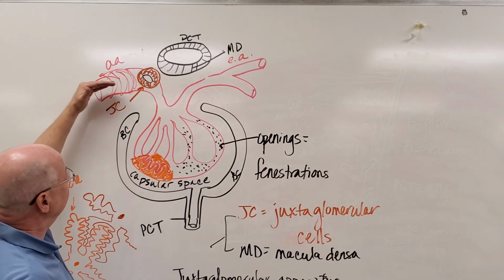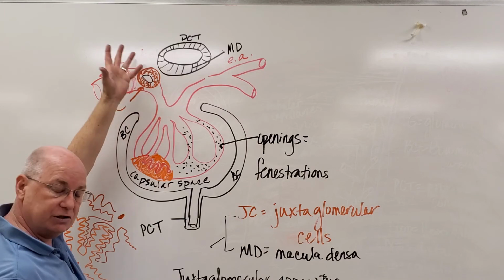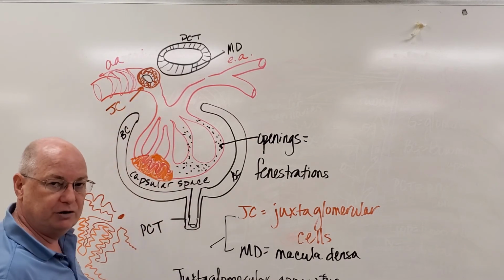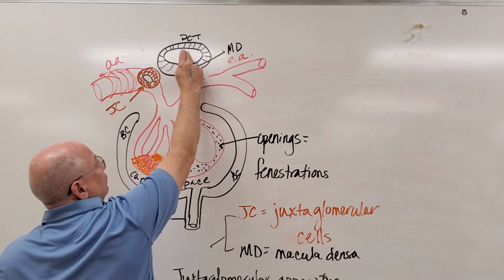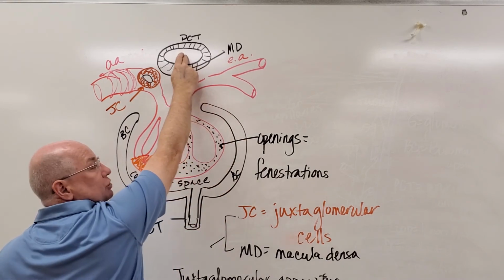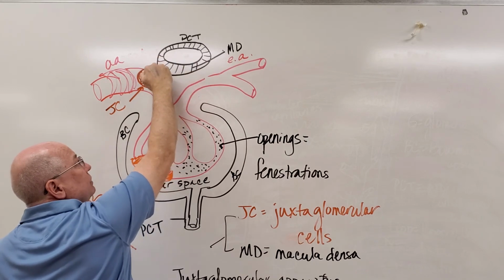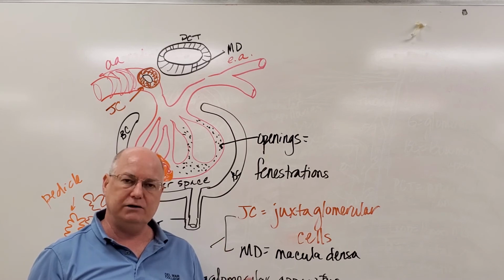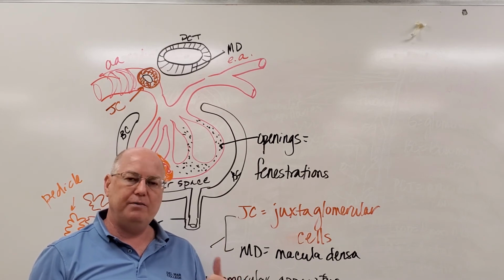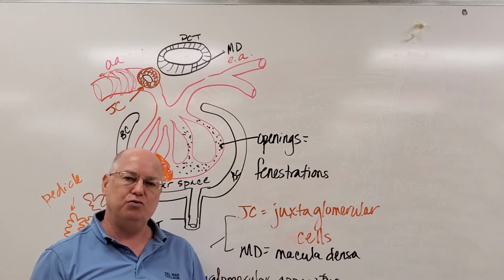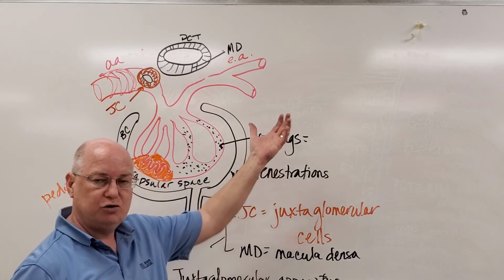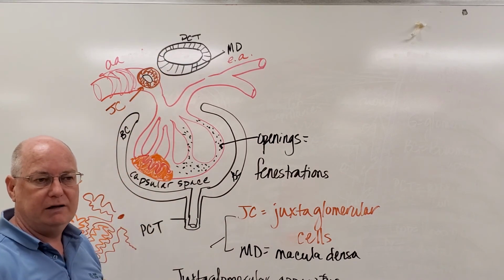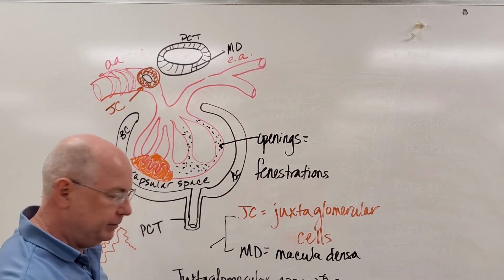So if my blood pressure drops, these cells can signal to change my pressures so that I am filtering at the same rate. Also, as fluid is going through the distal convoluted tubule, we should have a certain amount of pressure. And these cells are detecting the pressures, and if they're not right, they can release the hormone aldosterone. If you don't remember what aldosterone does, aldosterone raises your blood pressure by increasing the reabsorption of salt and water. They can also release another compound called renin, and we'll talk about that in lecture.